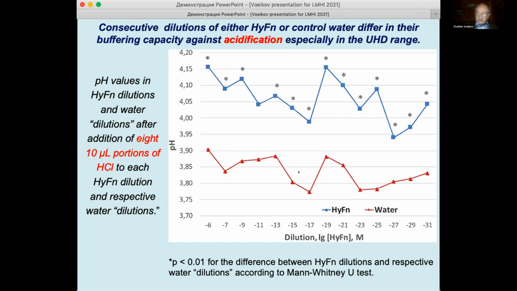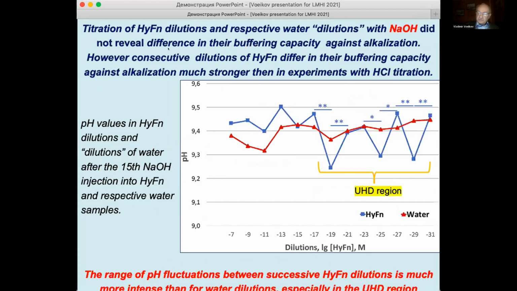As a matter of fact, in water dilutions there are also such variations between consecutive dilutions, but they are much smaller, especially in the high dilution range. Titration of hydrated fullerene dilutions and respective water dilutions with sodium hydroxide, the alkalization, did not reveal a difference in their buffering capacity. However, consecutive dilutions of hydrated fullerenes differ in their buffering capacity, especially in the ultra-high dilution region, even much stronger than in experiments with acid titration.